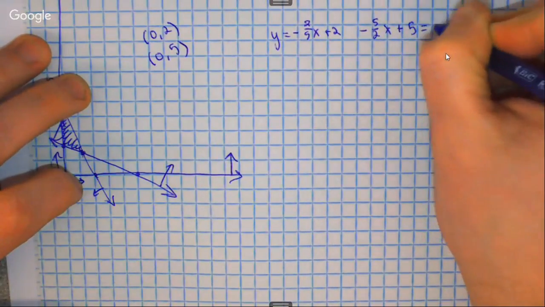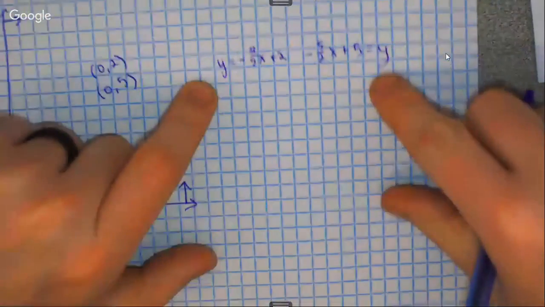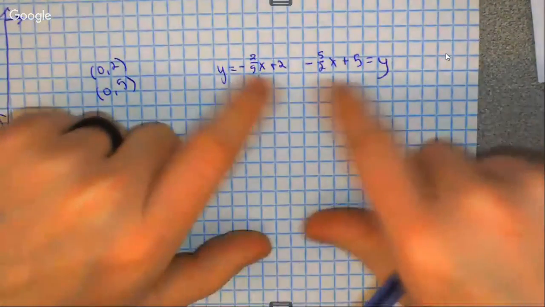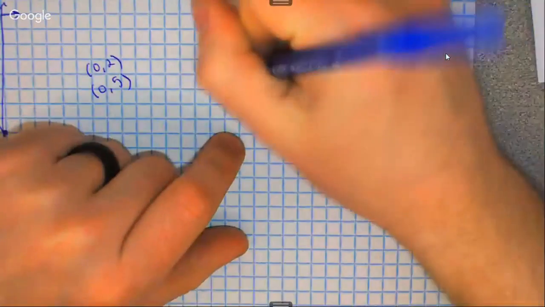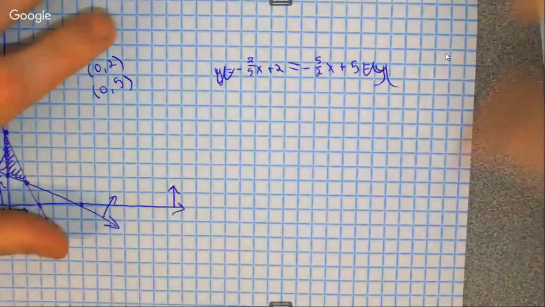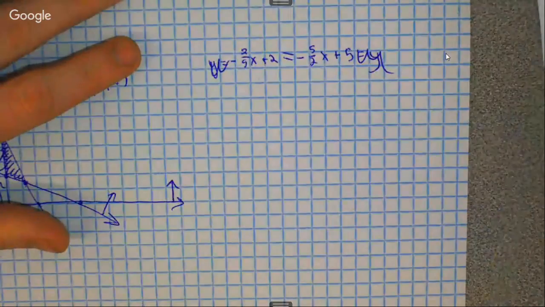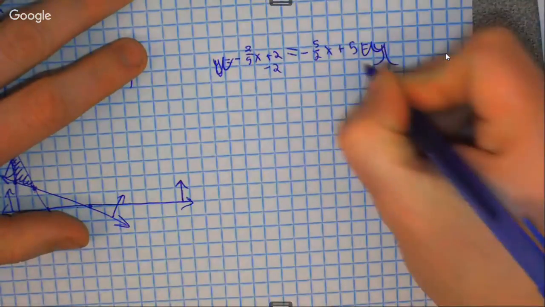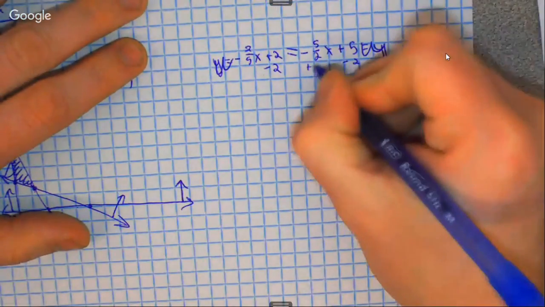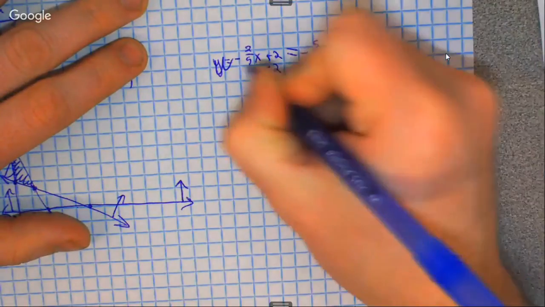Well, since I have y equals on both of them, I can actually just set these two equal to each other and get rid of the y's. Okay, then I'm solving for x. So let's subtract 2 here, and we'll add 5/2 x.